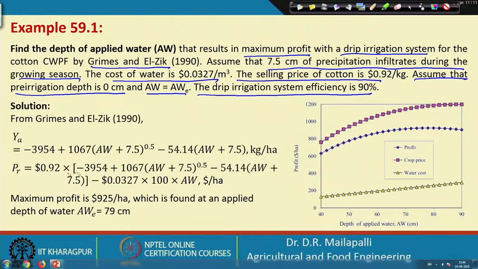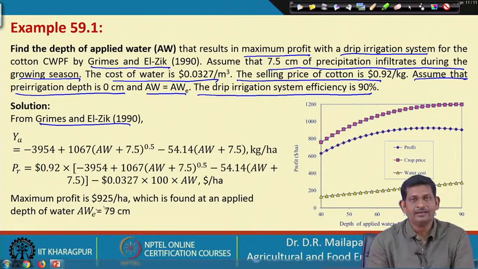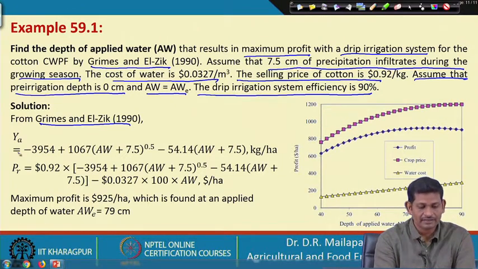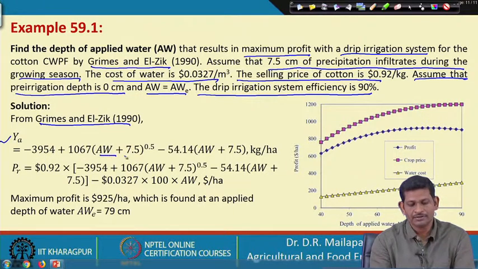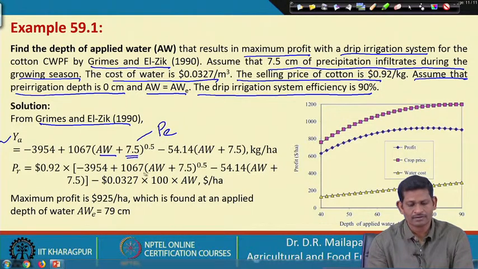As per the formula from Grimes and Elzig 1990, this is the previous equation minus 3954 plus AWU. This is PE, precipitation excess, and AWU.